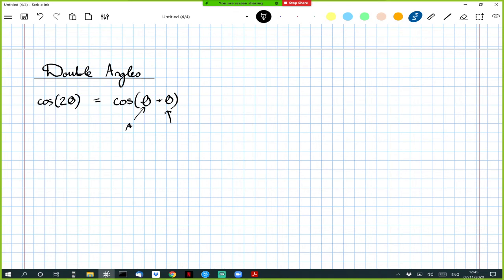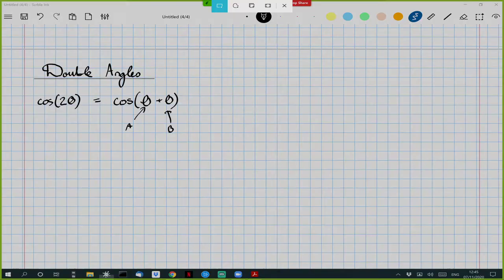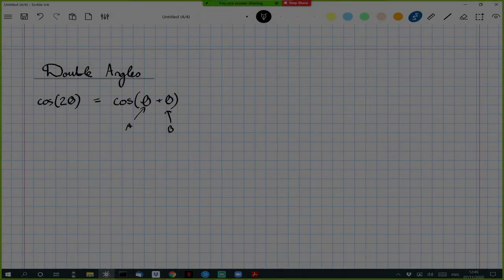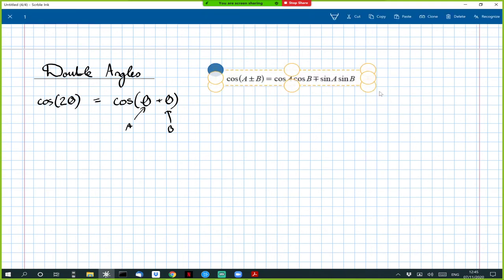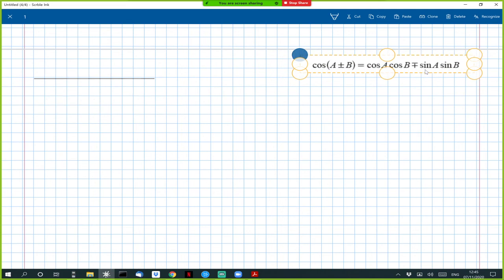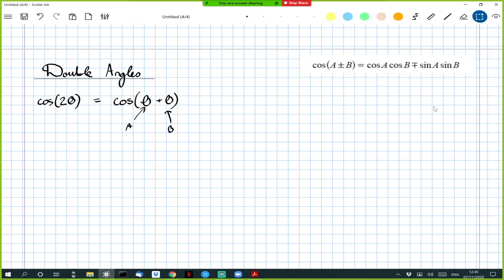And we can expand these using the compound angle formulae as per your formula sheet. And this is the cos one. So try and expand that using that formula where A is theta and B is also theta.